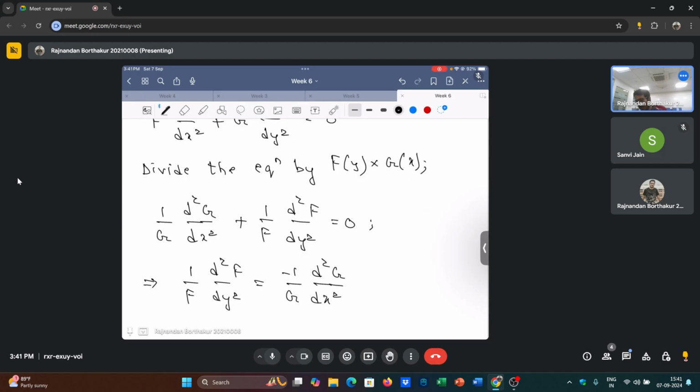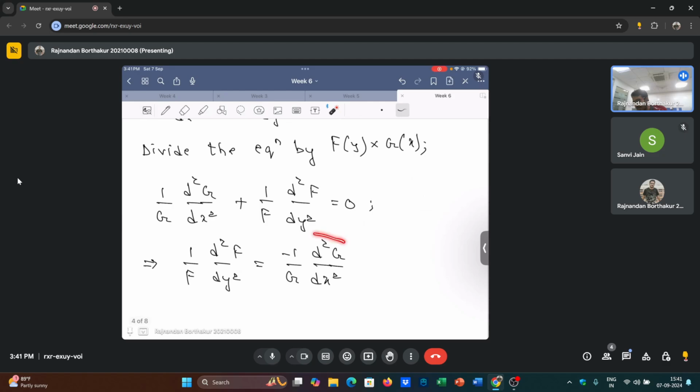Okay, so now you need to tell me what is so special about this form of the simplified PDE that we get from here. We didn't do anything, right?